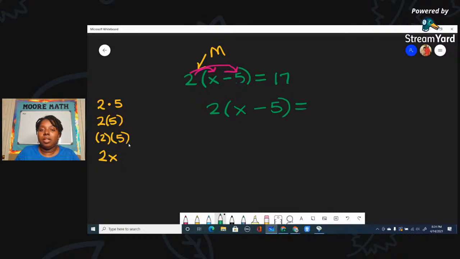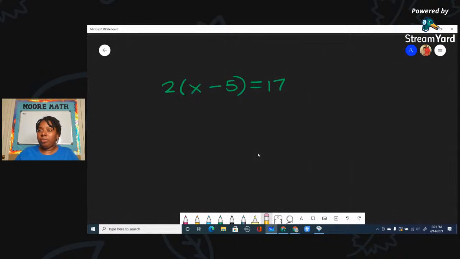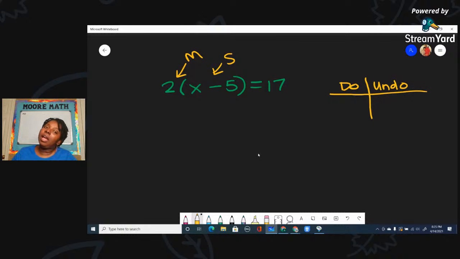So if we didn't make it look like a two-step equation and we left it just like this, let me show you how you could solve it. So we know that this is multiplication and this is subtraction. When we make our do and undo chart, we always go in order of operation, PEMDAS. Okay?